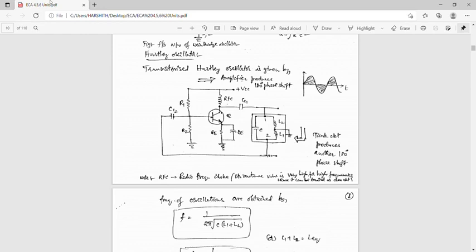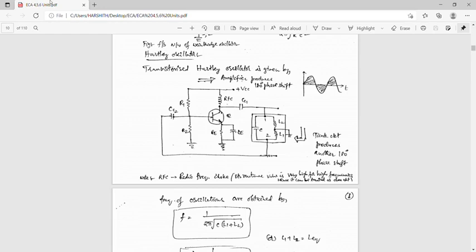In the RC phase shift oscillator, the feedback network introduces 180 degrees phase shift.